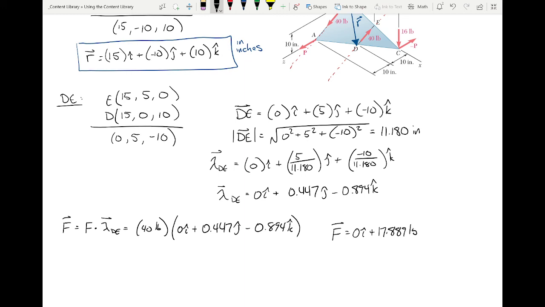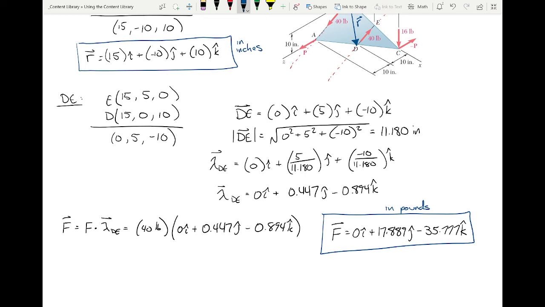And then you're going to get something like, oh, I don't know, 35.777 pounds. Let me just do the units at the end. I forgot a hat on that one. What do you think? So far, so good?